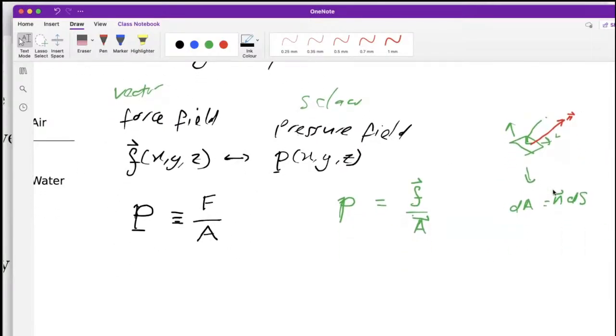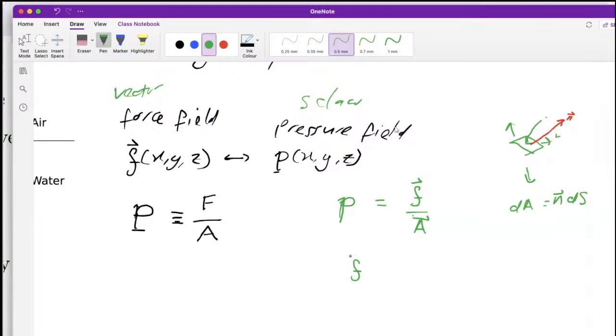So with this, now you can see that I can have a small value of, okay. So I'm going to bring force here because eventually F is what we're going to integrate.